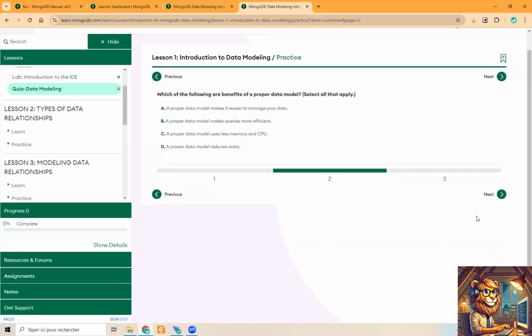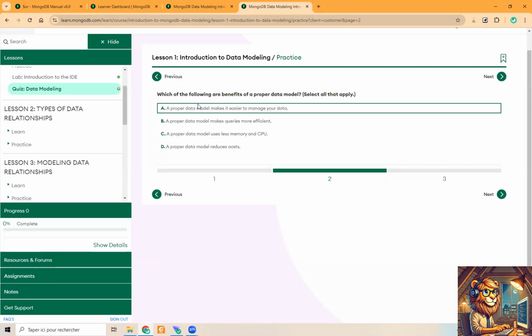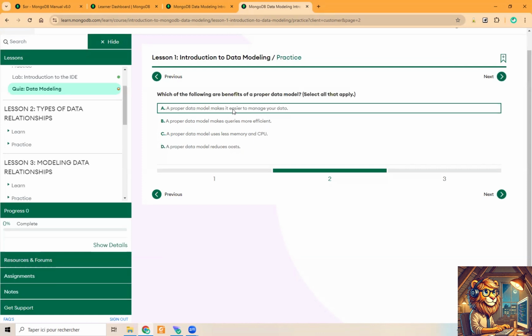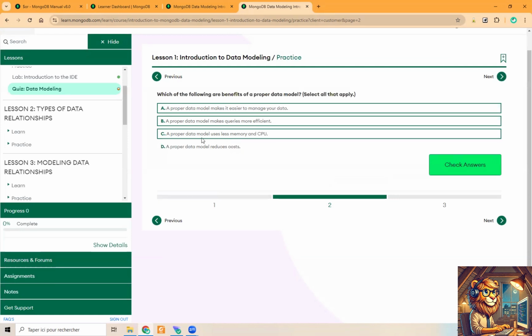Which of the following are benefits of the proper data model? A proper data model makes it easier to manage your data. Yeah, that's true. Proper data model makes querying more efficient. It's true. All that applies. So this one: a proper data model uses less memory and CPU.